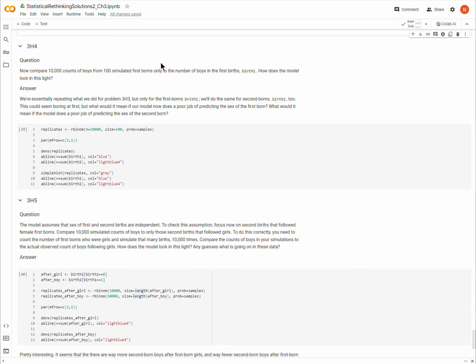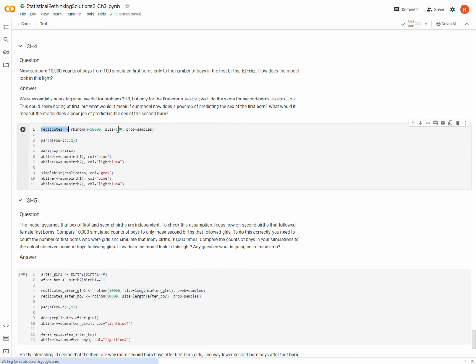And we're going to see if somehow our model is still doing a good job of predicting just the firstborns. So this is interesting because what would it mean if it didn't predict well the firstborns? And then ask yourself, what would it mean if it didn't predict well the secondborns? The question just asks us to do firstborns, but we're going to do both first and secondborns.